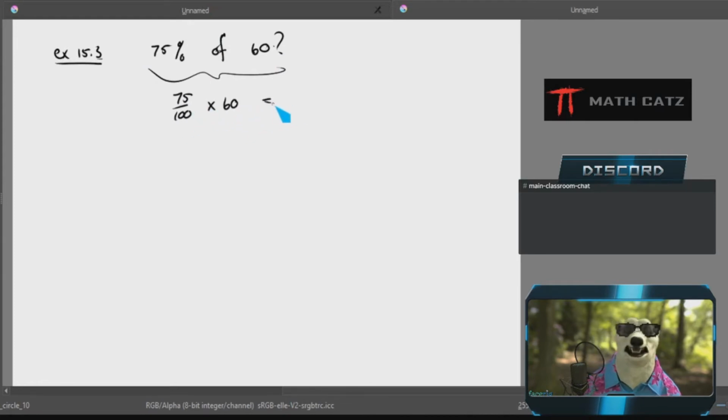It's probably as easy as it gets with a calculator. 75 divided by 100 times 60. And it's 45 pieces of candy or whatever unit I'm working in with this 60.